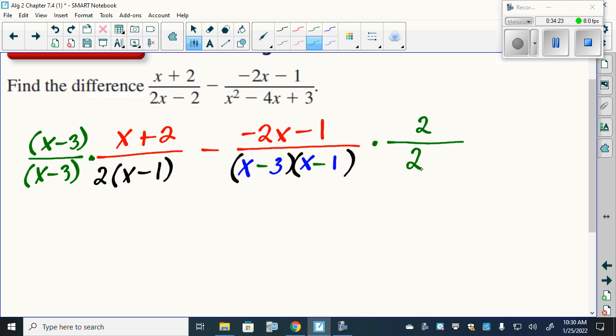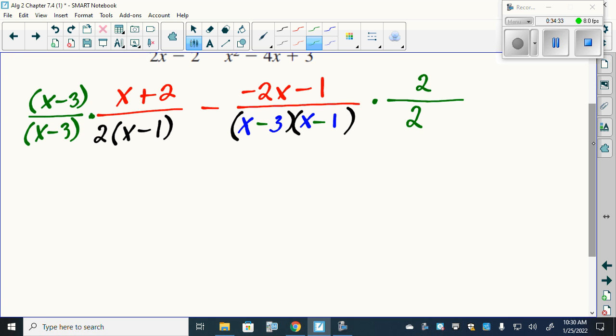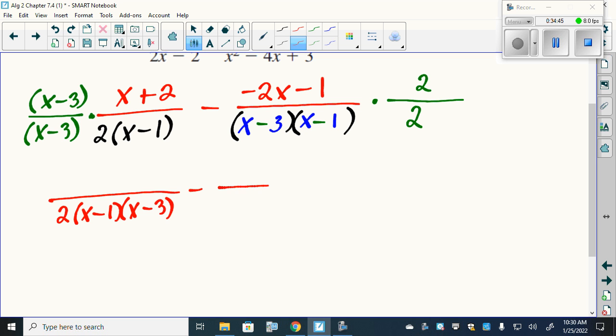Now the one on the right is missing a 2 on bottom, so we can multiply top and bottom by 2. Now the denominators for both of these will end up being 2 times x minus 1 times x minus 3. And that would actually be our least common multiple.